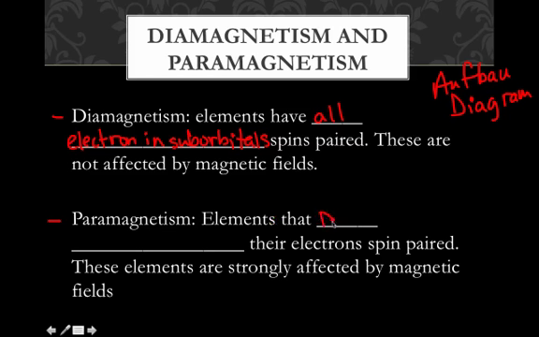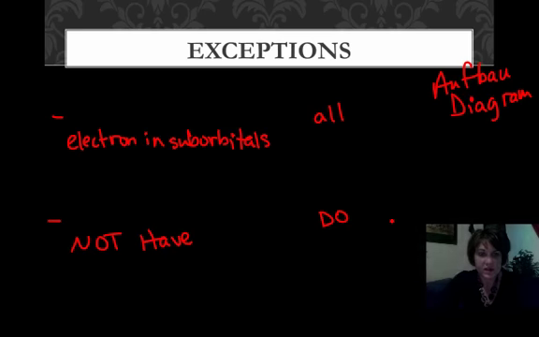Paramagnetism are elements that do not have their electrons spin paired. So these elements would be more strongly affected by the presence of a magnetic field. So I needed you, of course, to know how can we tell if a substance is going to be magnetic or not.